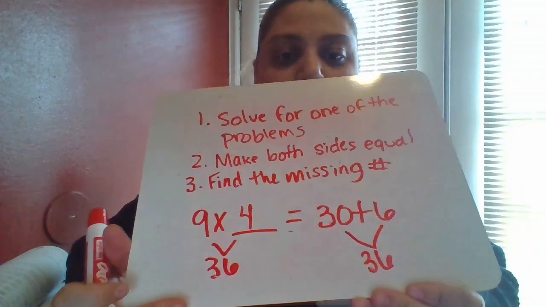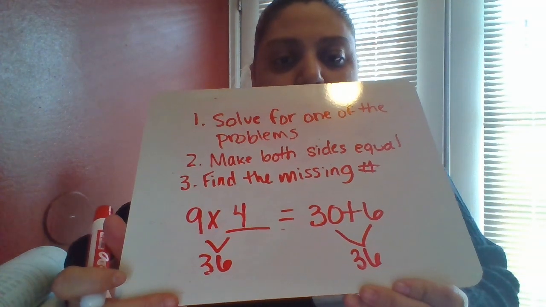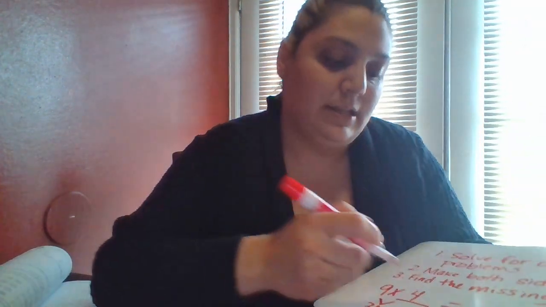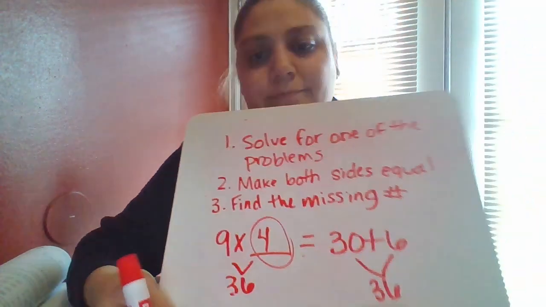So I'll skip count 9, 18, 27, 36. How many groups of 9 did I have? 4. Okay. So that means 9 times 4 equals 36. And that is how you find your missing number.